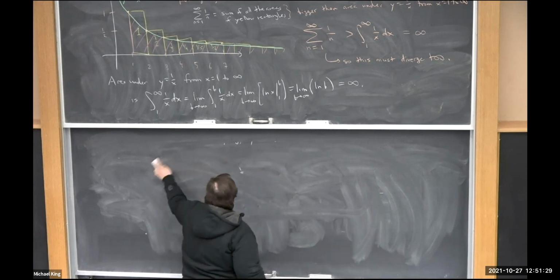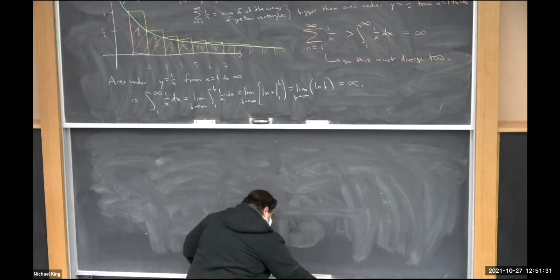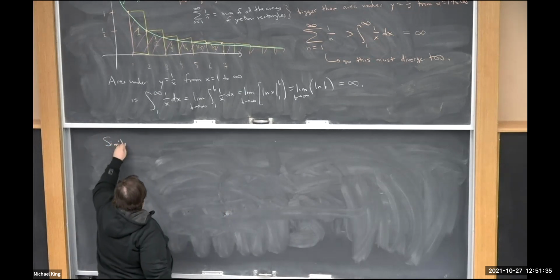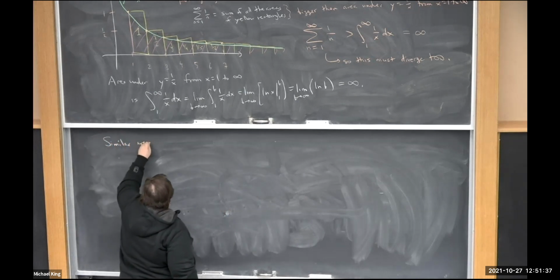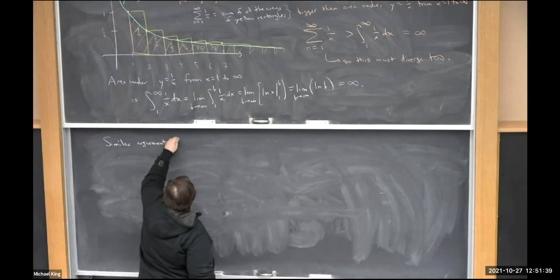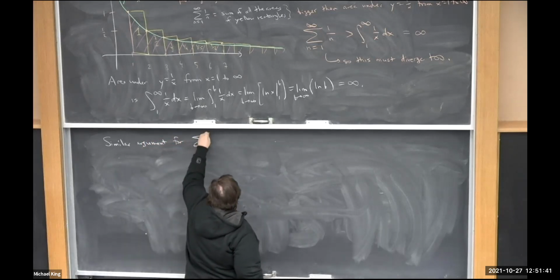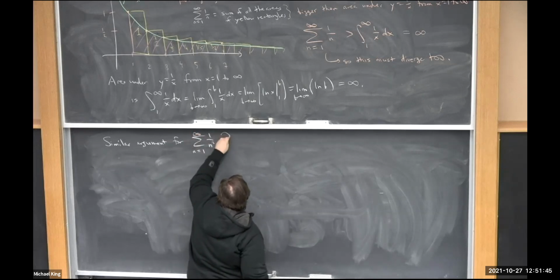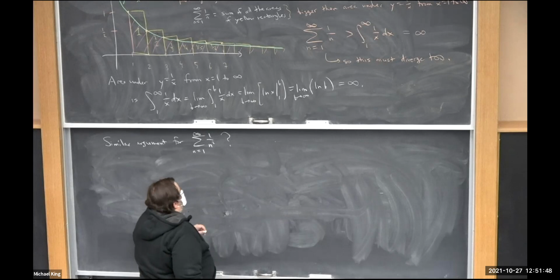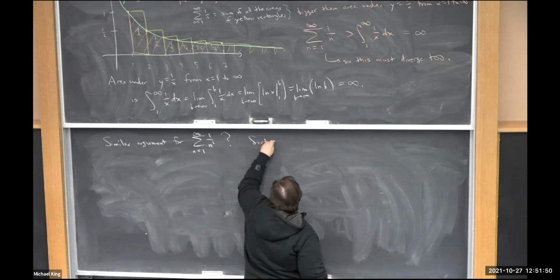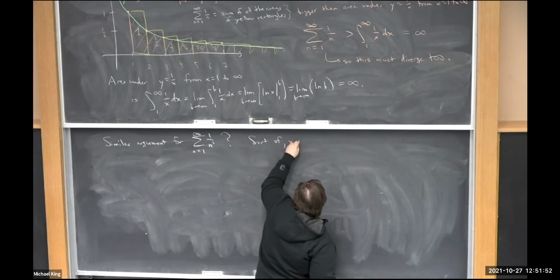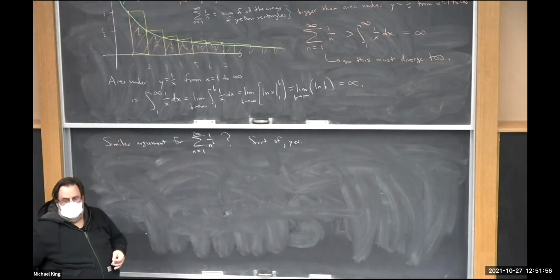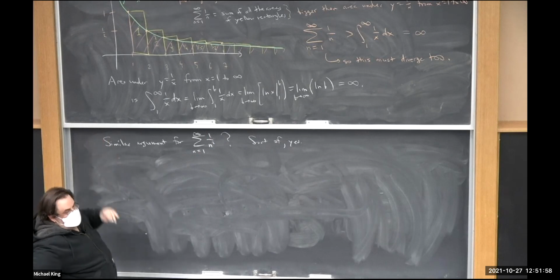Okay. So a similar argument for the sum of 1 over n squared. And the answer is sort of yes. But we do have to be careful, because I can draw almost the exact same picture. Honestly, can you tell that's 1 over x versus 1 over x squared?